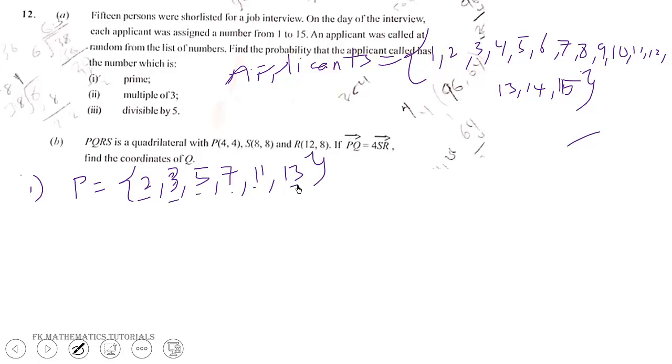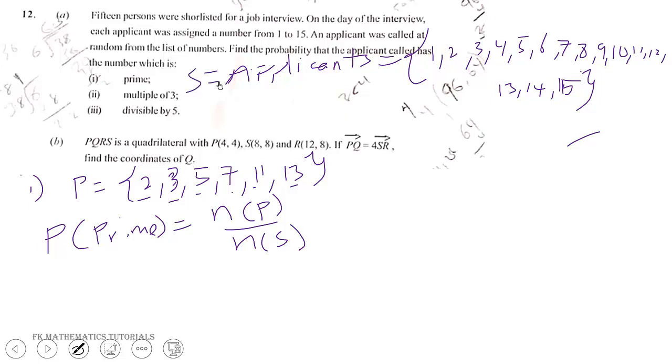So the probability of picking someone who is prime is equal to the number of people who are prime over the number of sample space, which is the number of applicants. So the number of applicants is the same as the number of sample space.